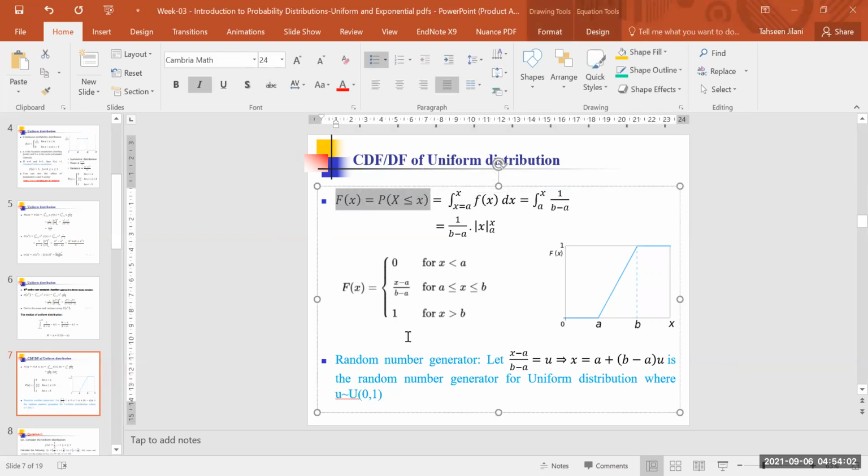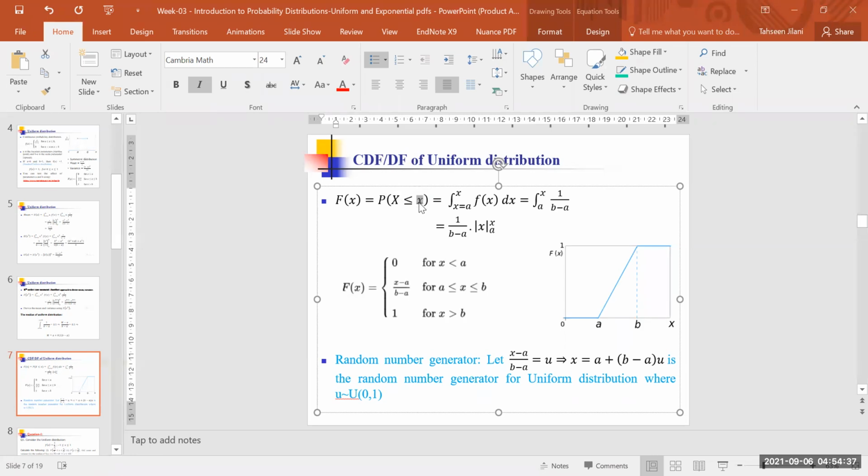For example, I want to find the probability of x less than or equal to some specific point x. I don't know what this x is. This x must be within the domain of the set. That means if this function is from a to b, this x value must be between a and b. It cannot exceed outside a and b.